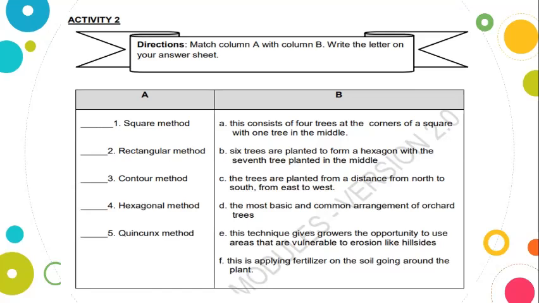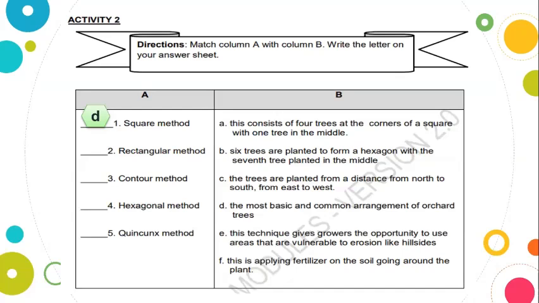Okay, column A are the layout designs and column B are the descriptions. So you have to match. Square method is, yes, the most basic and common arrangement of orchard trees.